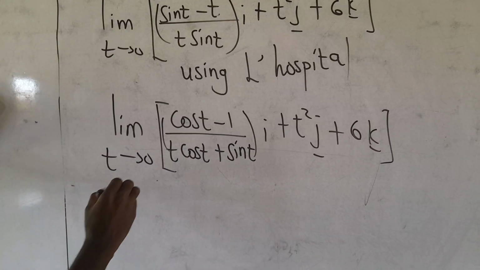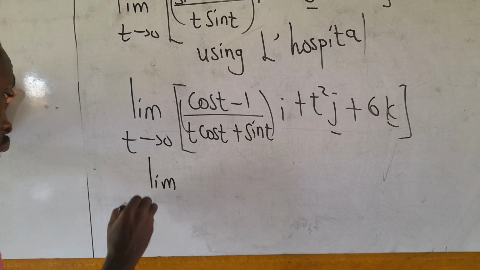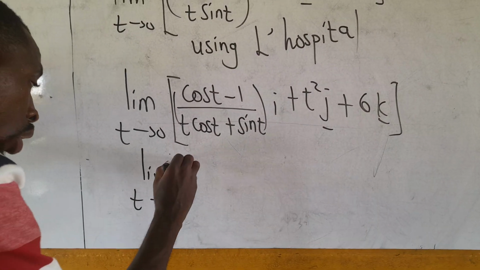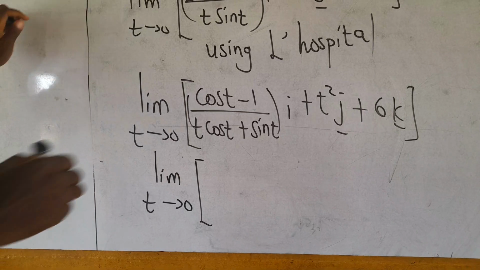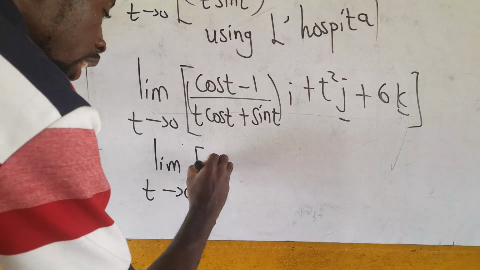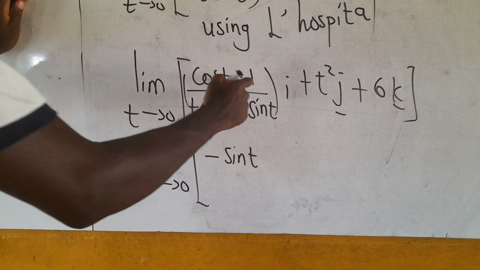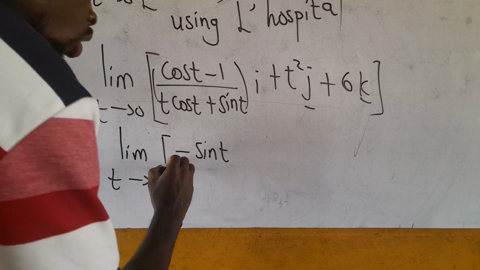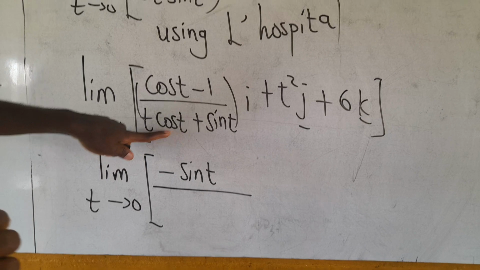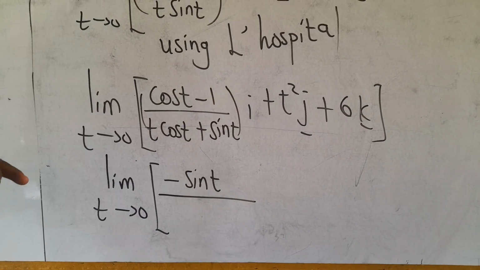So now we say that the limit where t approaches 0 of, now we differentiate cos t, we get negative sine t. And the derivative of 1 is 0 all over. Now this is a product, so we need to use product rule to differentiate that.